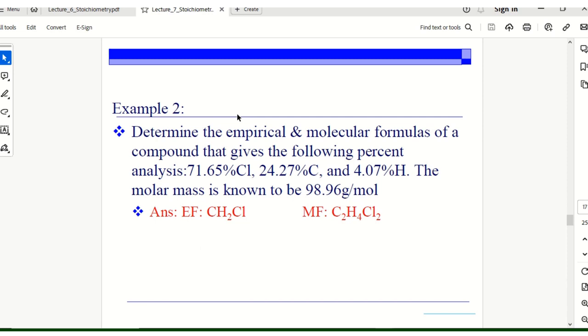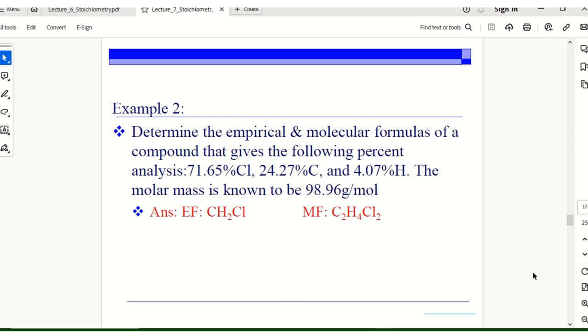Determine the empirical and molecular formula of a compound that gives the following percent analysis. So we have the values given there. We need to find the empirical formula and go to the molecular formula.